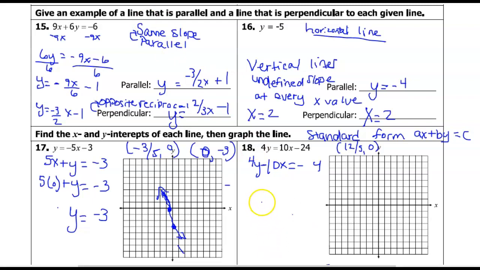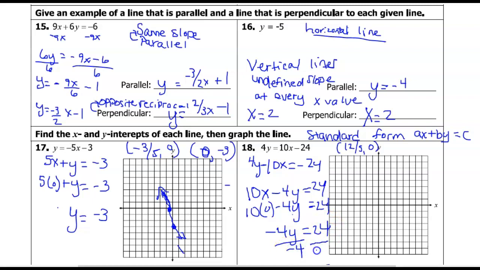So I plug in my 0 for x, and I end up with -4y equals 24.